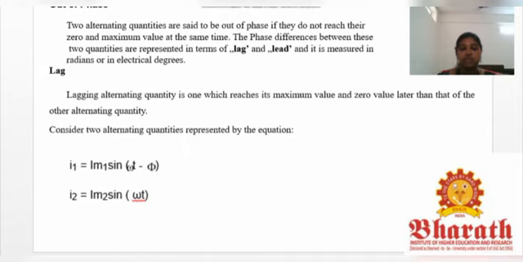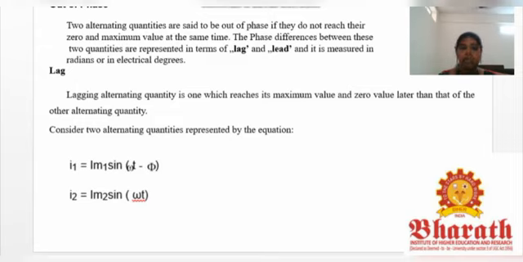So see here, again I am going to compare two current quantities. I have taken I1 equal to Im1 sine of omega t minus phi.